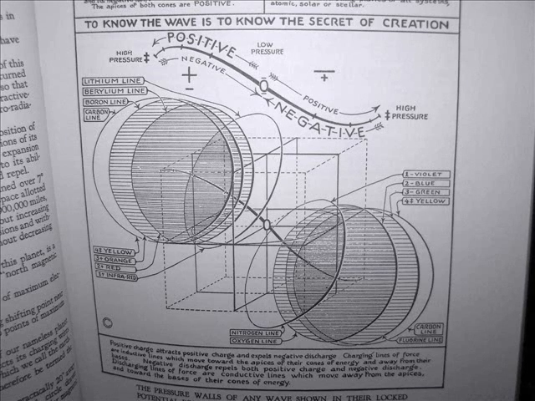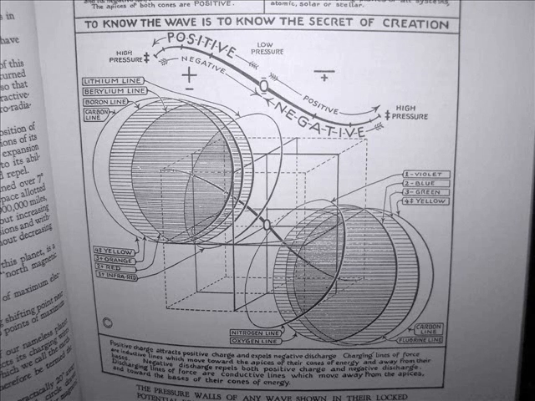And then there's some words there in the diagram, but I will read what is at the bottom here. Positive charge attracts positive charge and expels negative discharge. Charging lines of force are inductive lines which move toward the apices of their cones of energy and away from their bases.